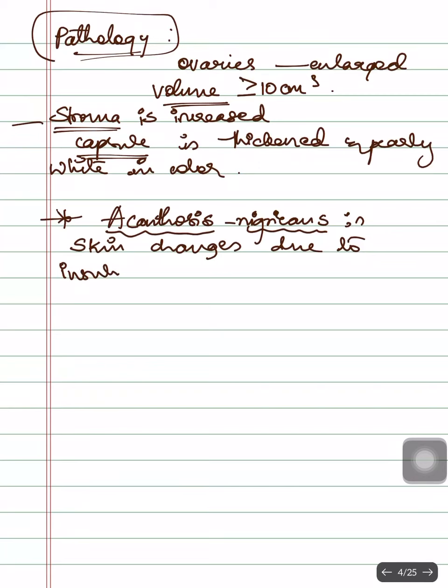If you hear the name acanthosis nigricans, you should think of the skin. Here the skin becomes thickened and pigmented. The color changes to grey brown.